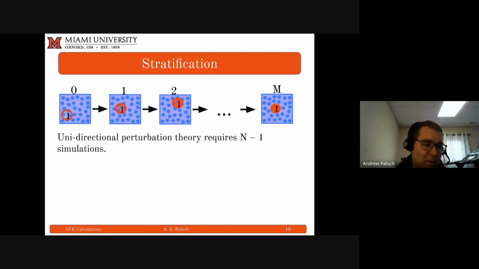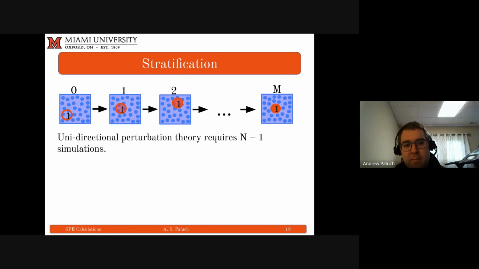And what stratification does for us is it's going to allow us to increase the phase space overlap between those neighboring states. The deviation of the perturbation going from 0 to 1 is going to be a lot smaller than, say, going from 0 to m. So I can add any number of intermediate states with the goal of increasing my phase space overlap.